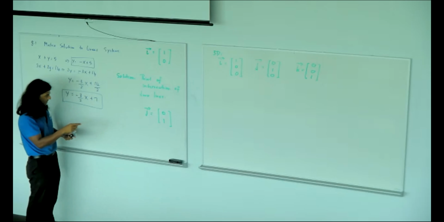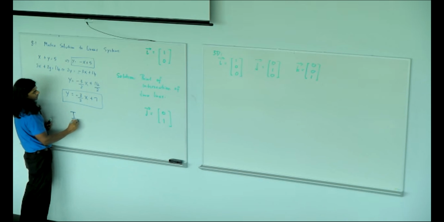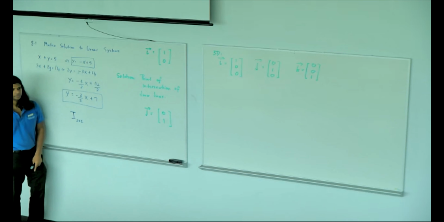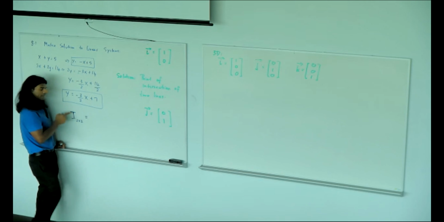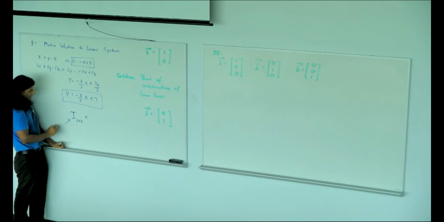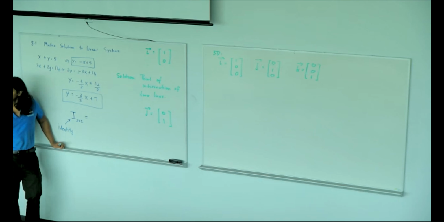Now, what do I mean by that? So I'll call this I2. 2 rows, 2 columns. Good. The I stands for identity. Identity is like the number 1. Anytime you multiply a number by 1, what do you get?